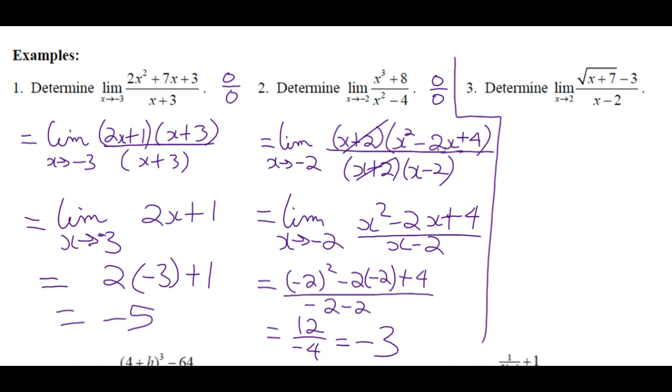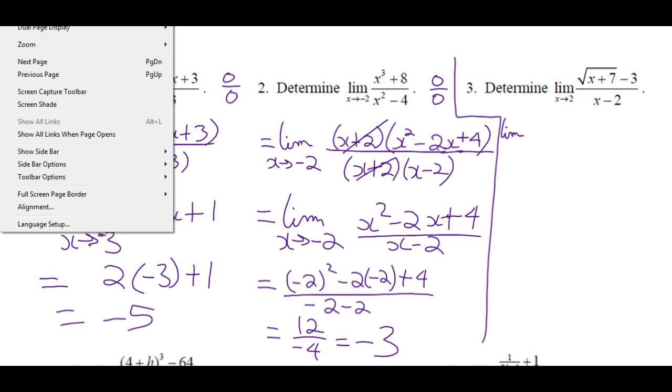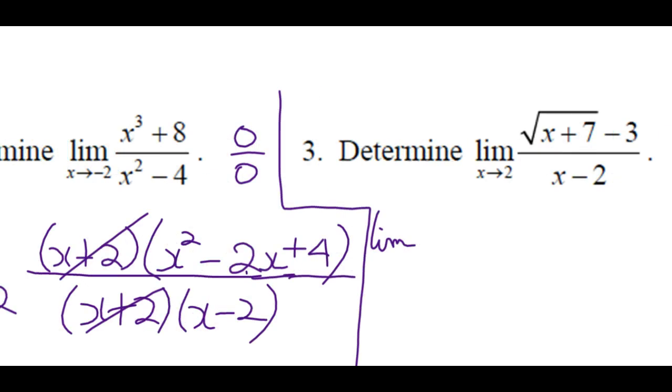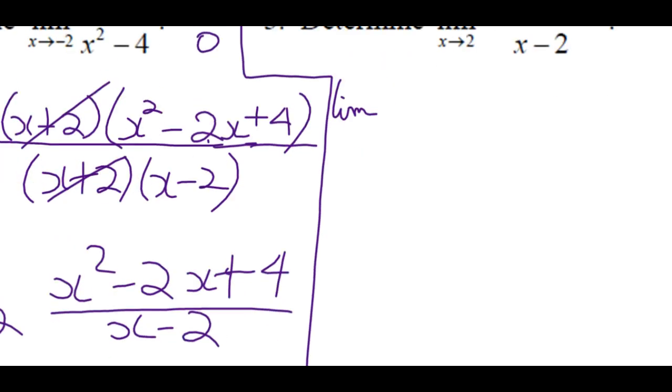Okay, what we're going to do here is rationalize the numerator, right? The problem is as x approaches 2, x minus 2, we get a 0. So we're going to rationalize the numerator. Let me make this really big, and that'll give me room to write.